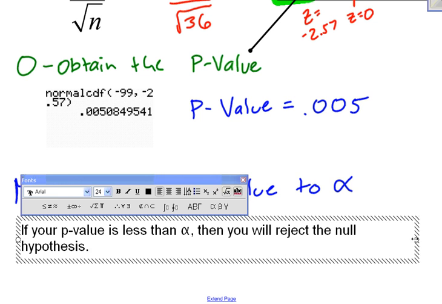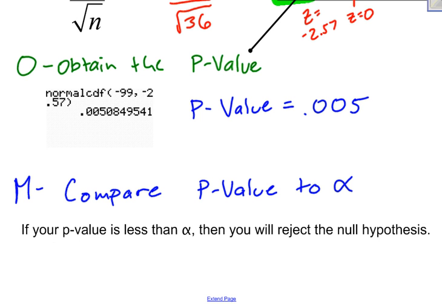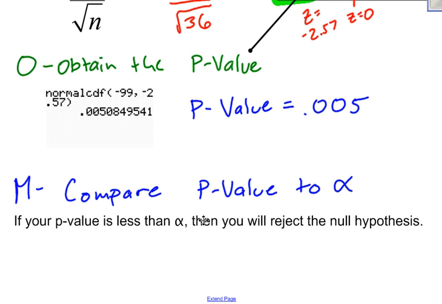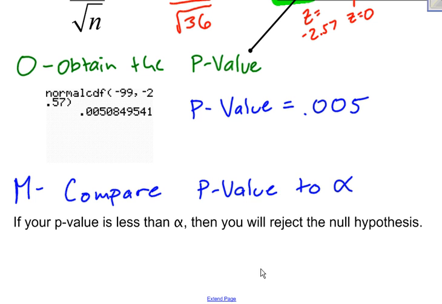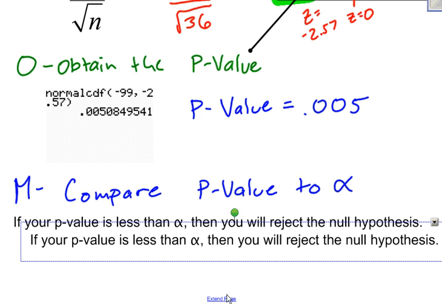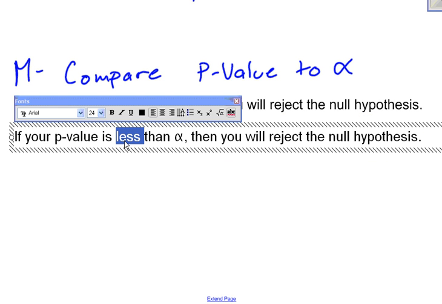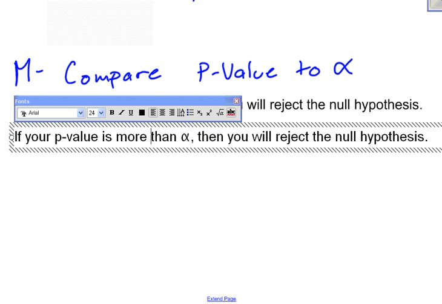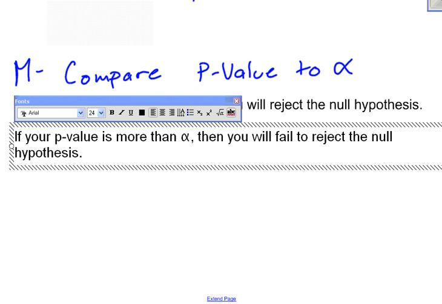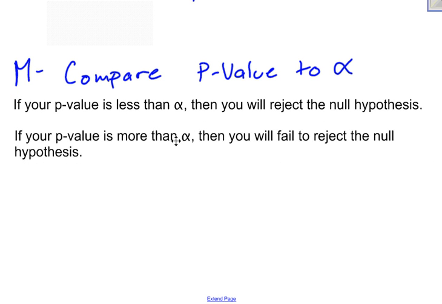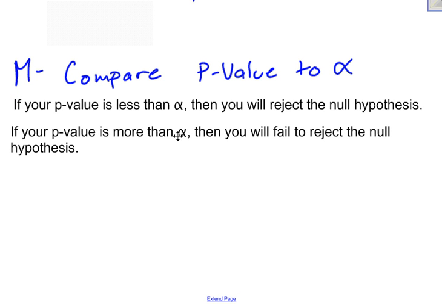This is one of the things that can happen. But what if the other is true? Well, let's type that out. If your p-value is more than alpha, then you will fail to reject the null hypothesis. So those are the two decisions that you need to make.